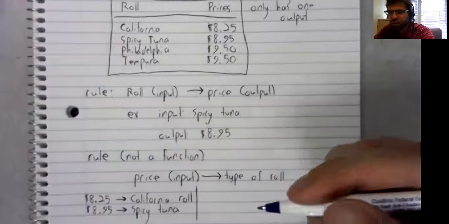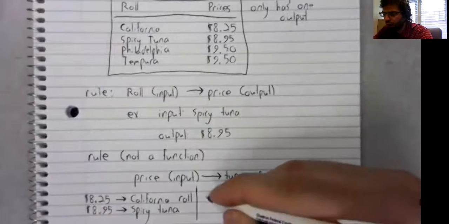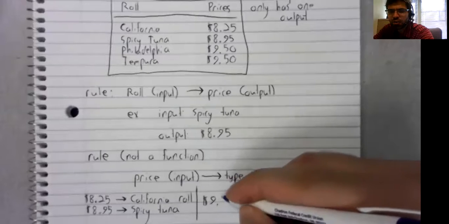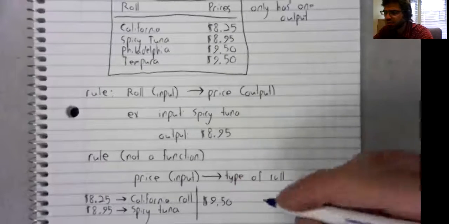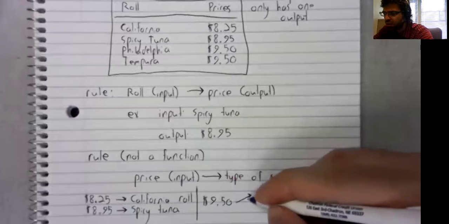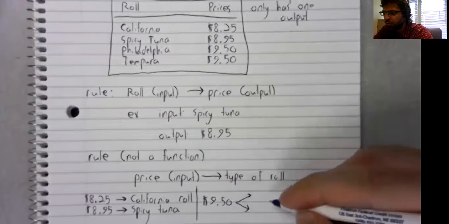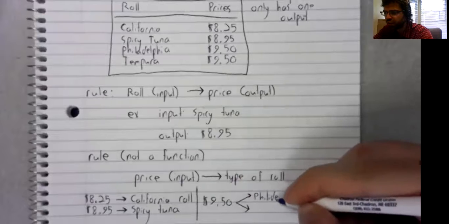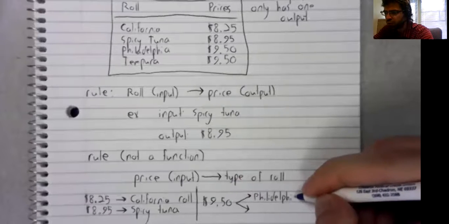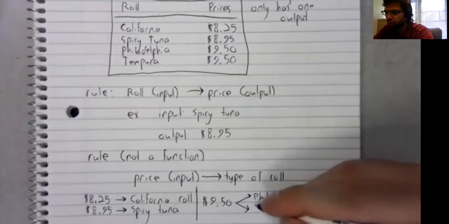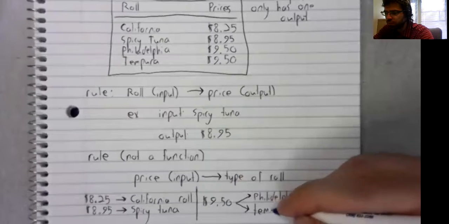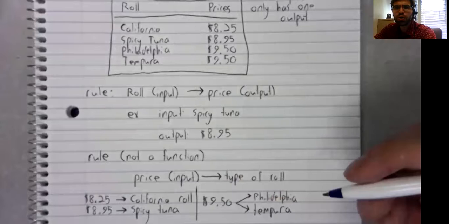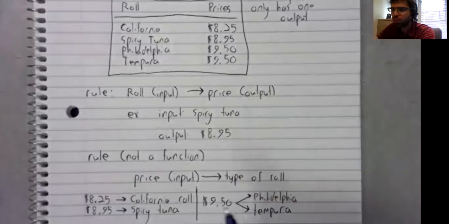But here things go wrong, because if you paid $9.50, you could have ordered the Philadelphia roll, or you could have ordered the tempura roll.